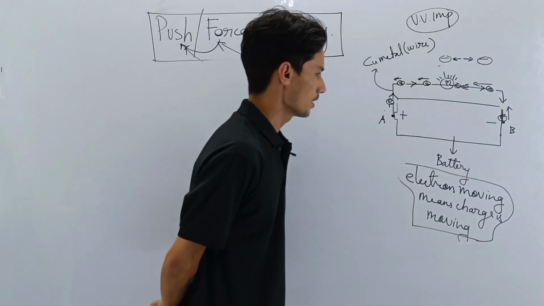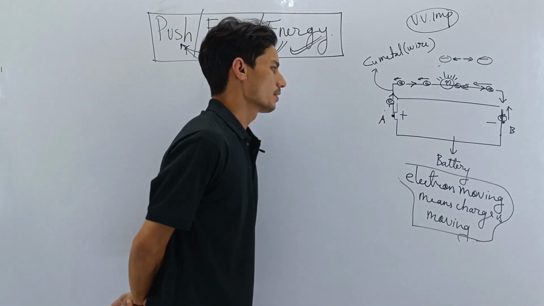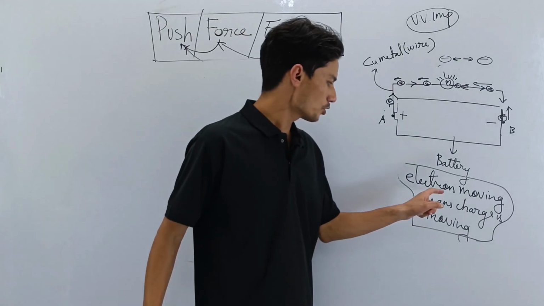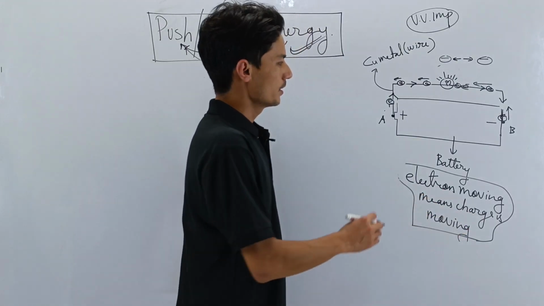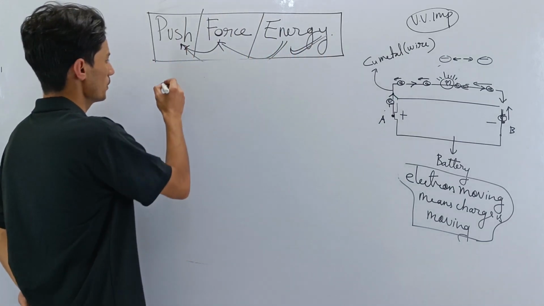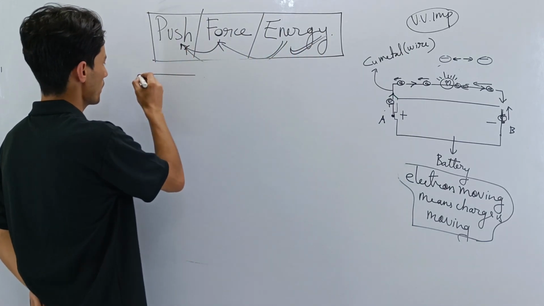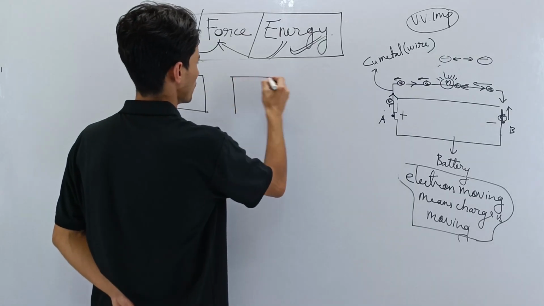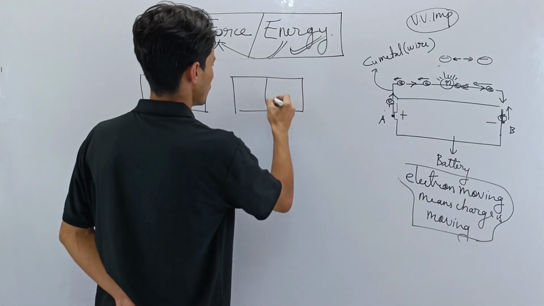Now remember, current flow, electrons moving, means charge is moving. Now remember yesterday's example, where I took a wire and in 1 second we looked at the current passing through.